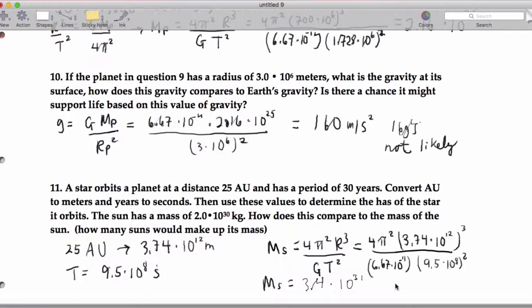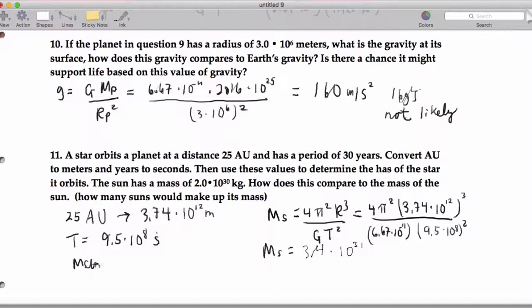By the way, when we compare this to the mass of the sun, let me just double check that. So the mass of the star divided by the mass of the sun equals 3.4 times 10 to the 31st divided by 2 times 10 to the 30th, which gives us about 17 suns worth of mass.